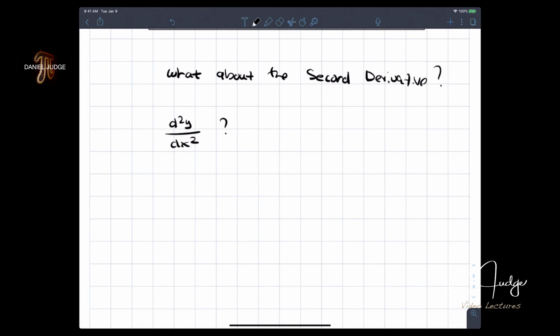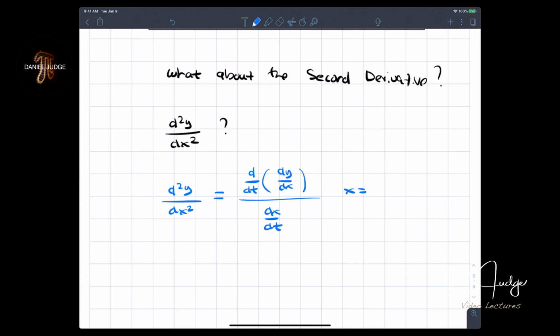If I write it down, d squared y dx squared is going to be d dt of that first derivative, dy dx, over, again, dx dt.